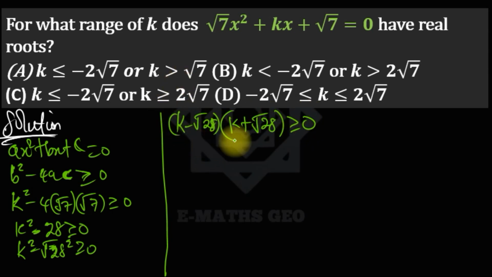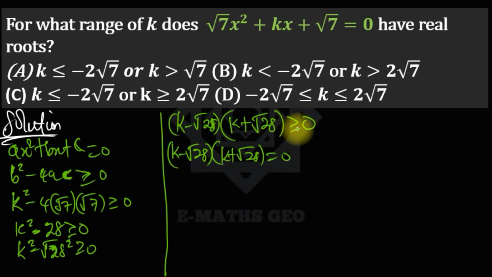Remember, to solve a quadratic inequality, we solve as if we are solving a quadratic equation. So let's solve k minus root 28 times k plus root 28 equal to 0. Why do we do so? We know a quadratic equation will have two answers when it is equal to 0.